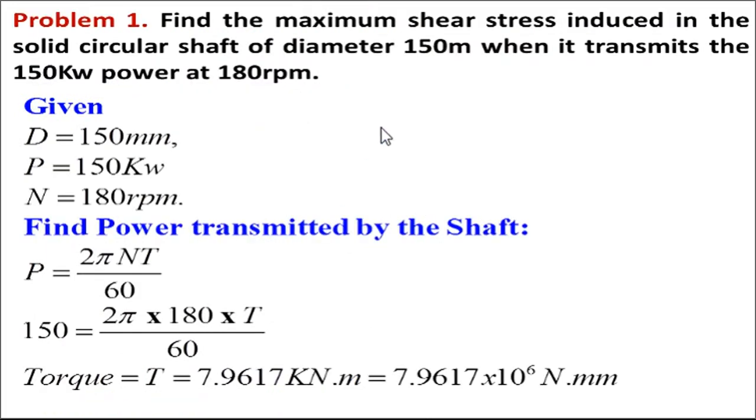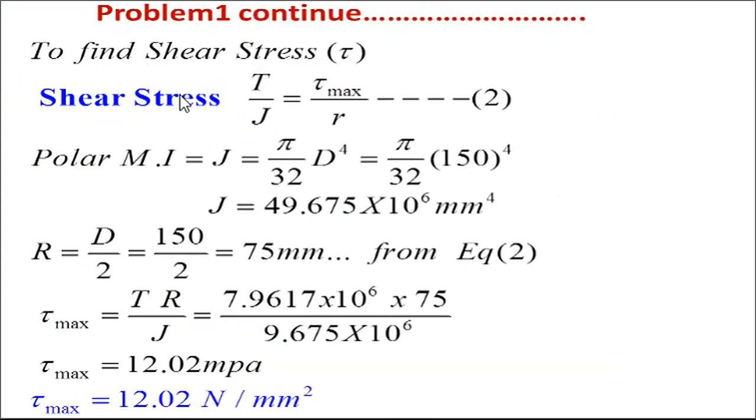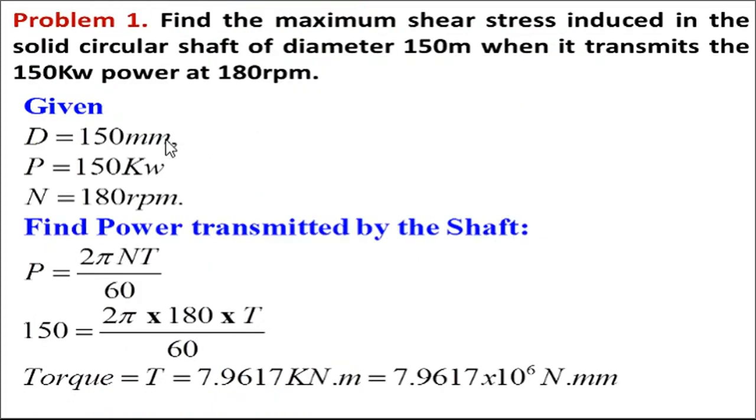So what I have to calculate here, find the maximum shear stress induced, means here I have to calculate the tau value. Using the shear stress equation, T by J is equal to tau max by R. What is the polar moment of inertia J for a solid circular section? Pi by 32 d raised to 4. This is the formula. Your diameter of the shaft is 150 mm given here.